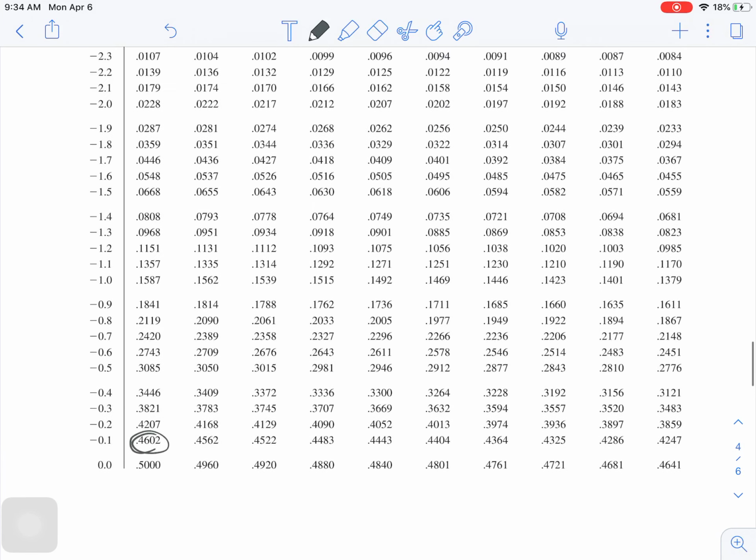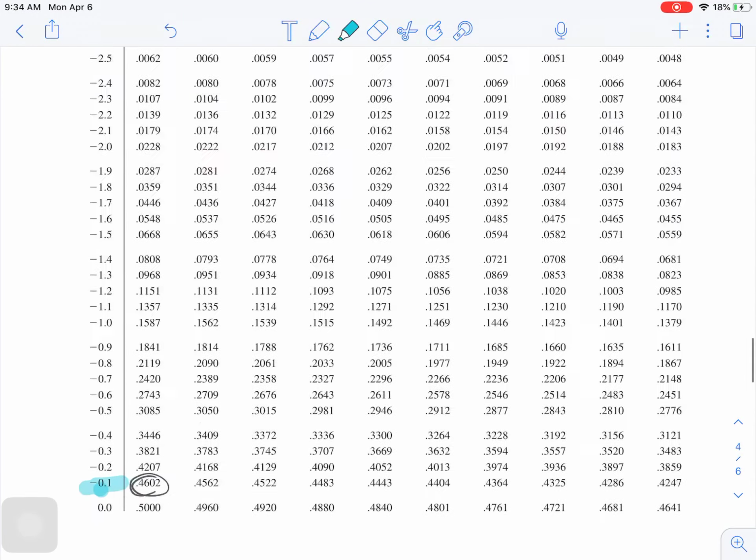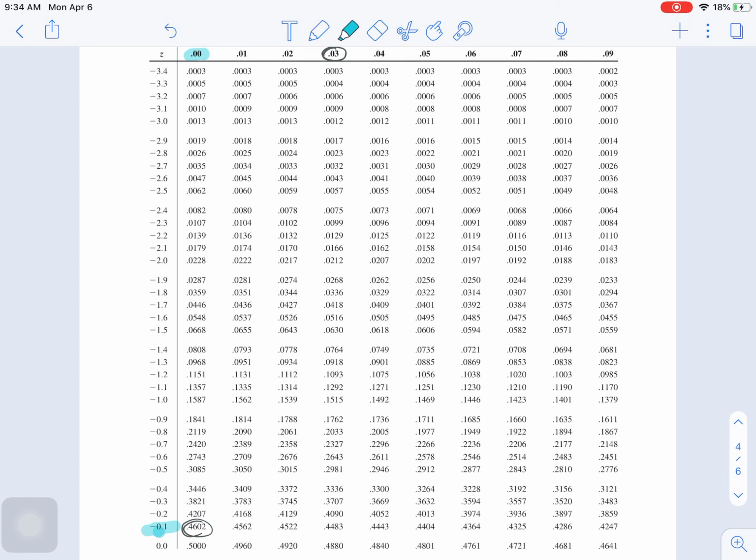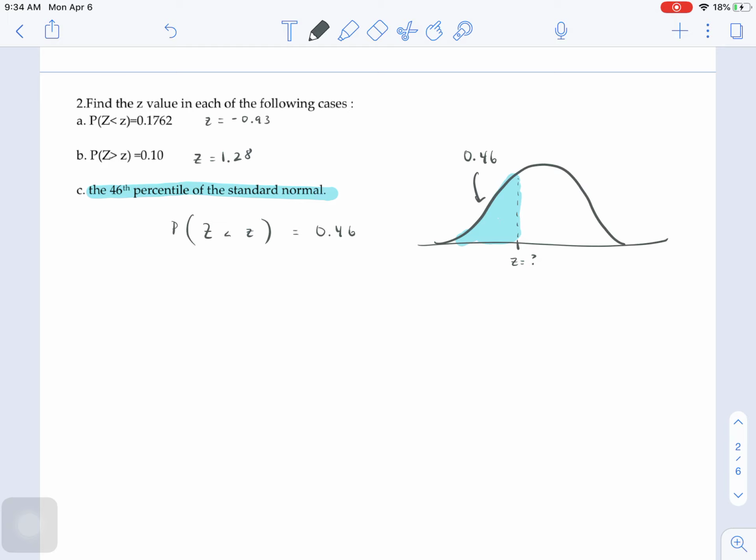So this Z-score corresponding to this is negative 0.10. So the Z-score at the 46th percentile of the standard normal is negative 0.1.